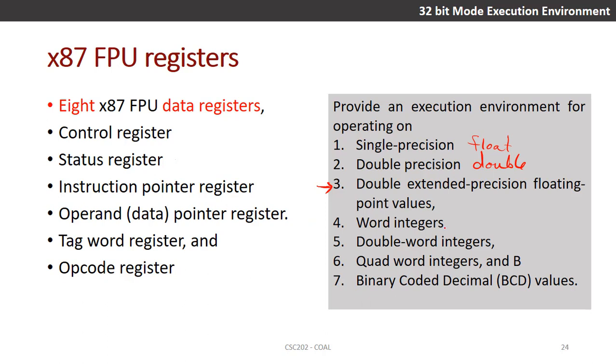Then a word integer like 16-bit integer, double word integer like 32-bit integer, quad word integer like 64-bit integer, and finally binary coded decimal, BCD, values.